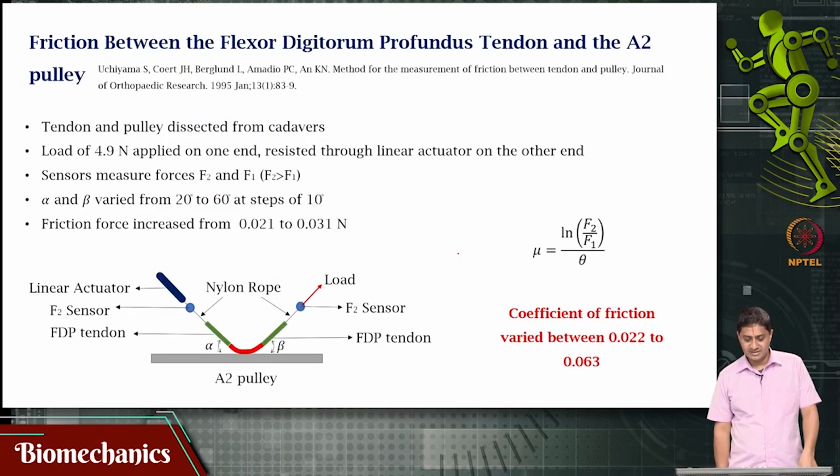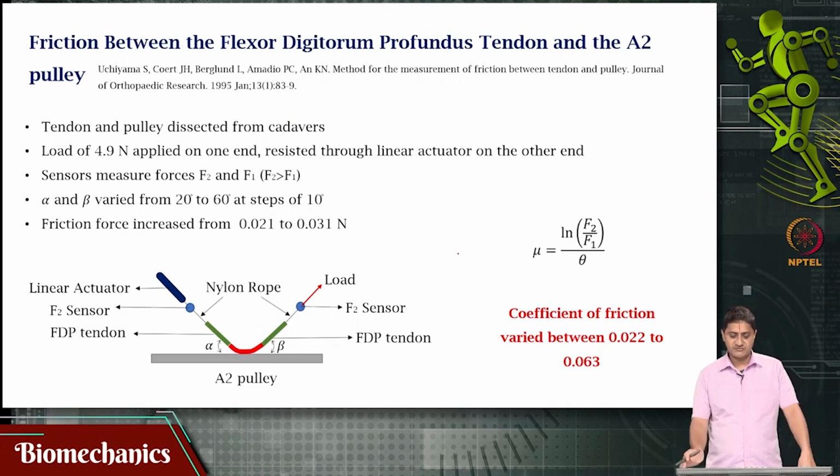Let us take a simple example, an experiment that was performed in the early 1990s, where they used essentially the same principle to find the friction between the flexor digitorum profundus tendon and the A2 pulley.